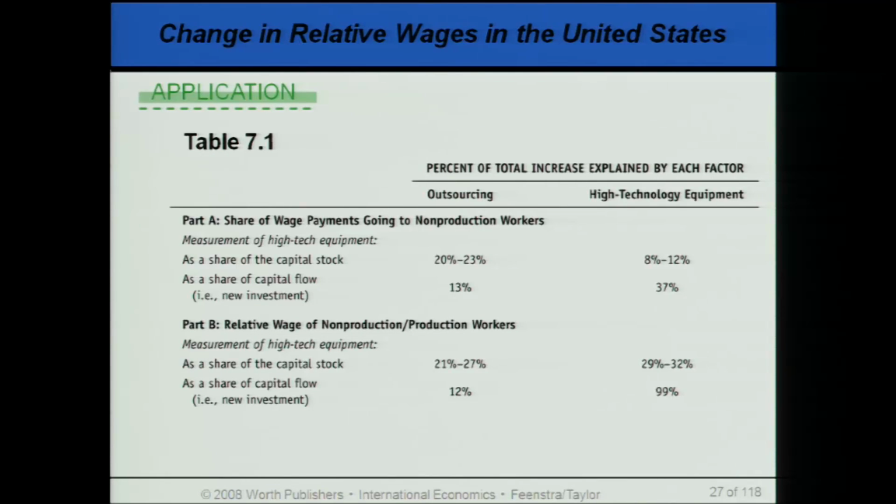Part B, if relative wage of non-production to production workers, the share of outsourcing is 21 to 27%, high technology equipment is 29 to 30%, for outsourcing is 12% and high technology equipment is 99%.